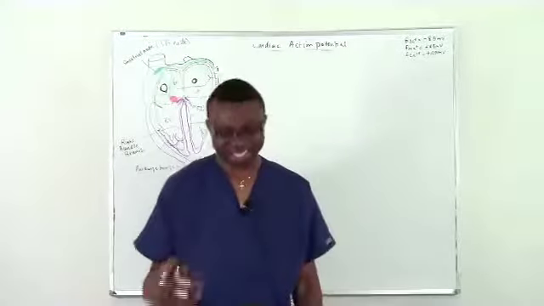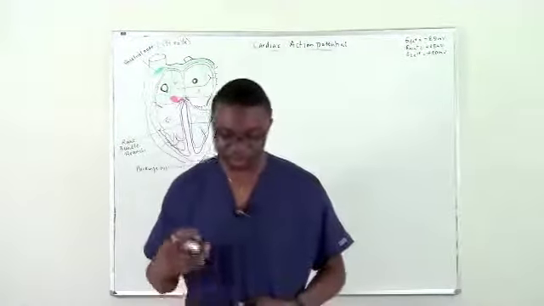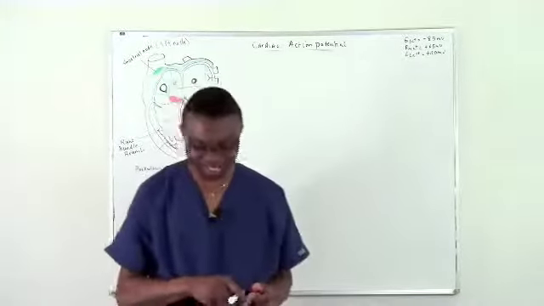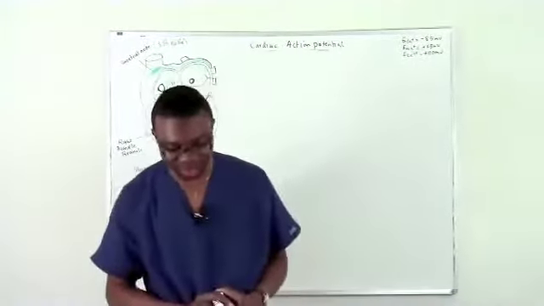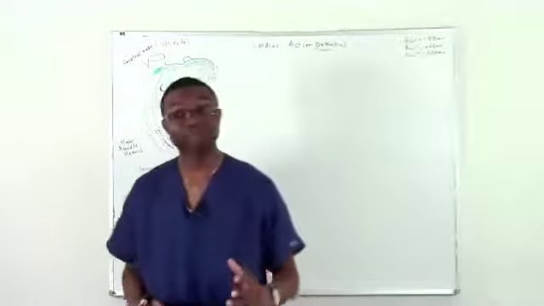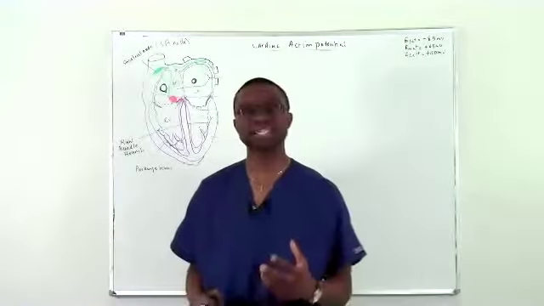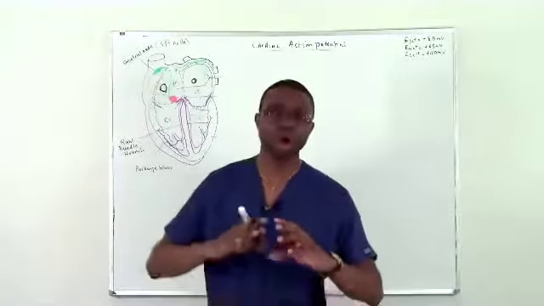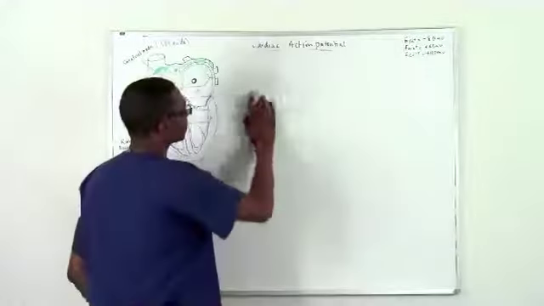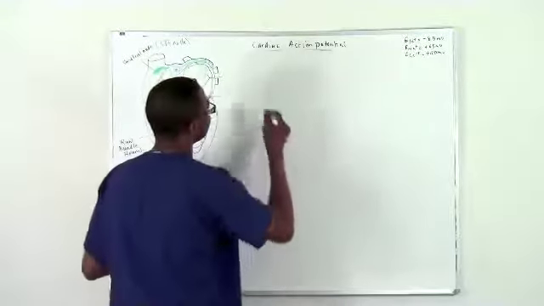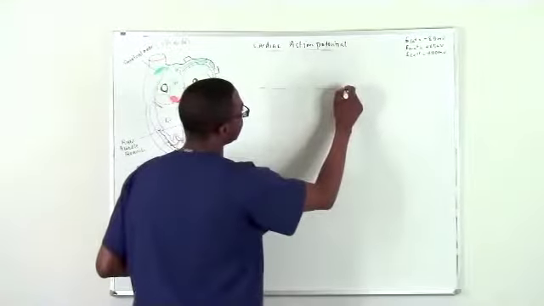So, what exactly is an action potential? Well, an action potential has a couple of definitions. We have depolarization. We talk about depolarization of a cell. So let's take a look at a cell. Here's a cell.